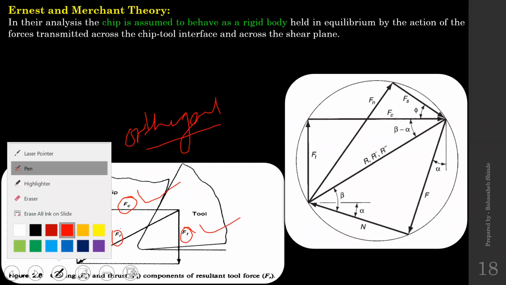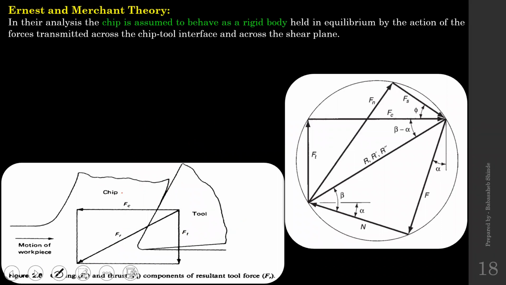Now when you compare the magnitudes of those two, this Fc is always going to have some positive value. Why is this Fc going to have positive value? Because this cutting force provides all the necessary energy for the formation of chip, and as long as material removal is taking place, this Fc is always going to have a non-zero value.